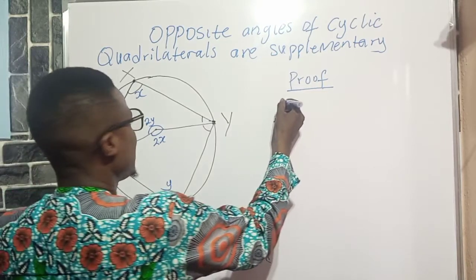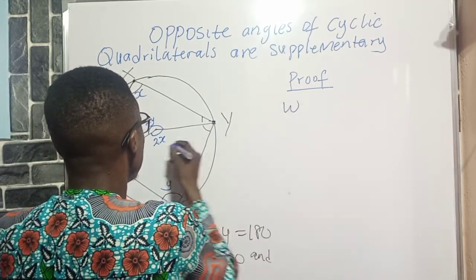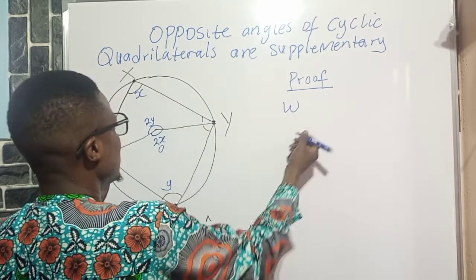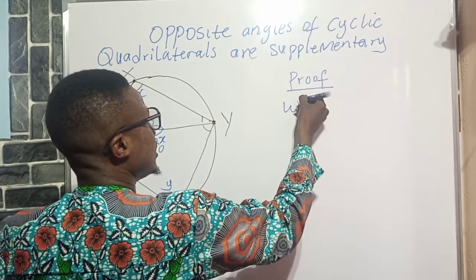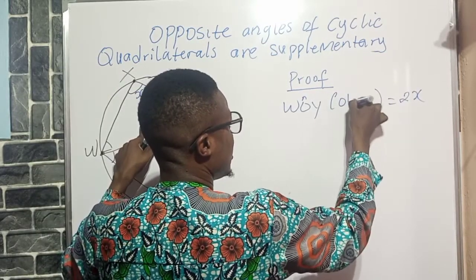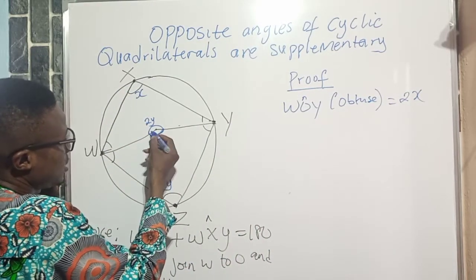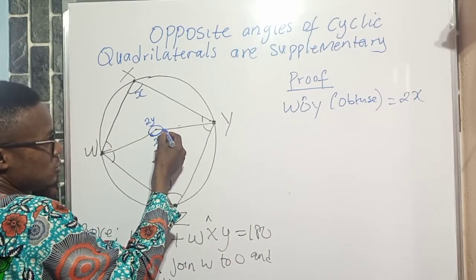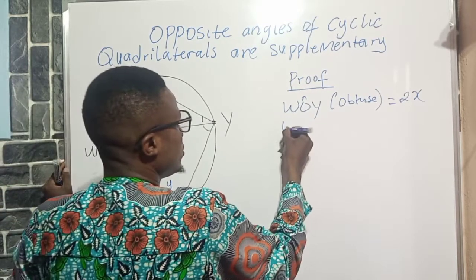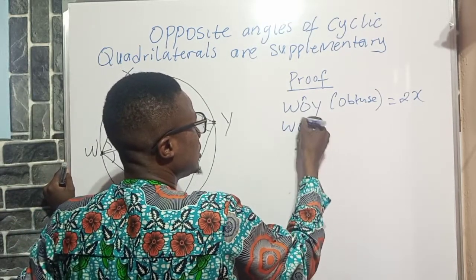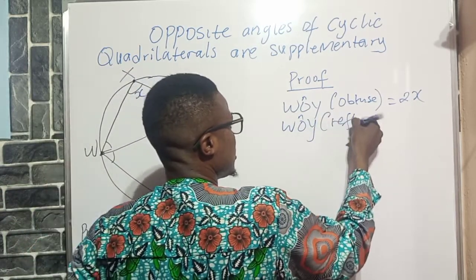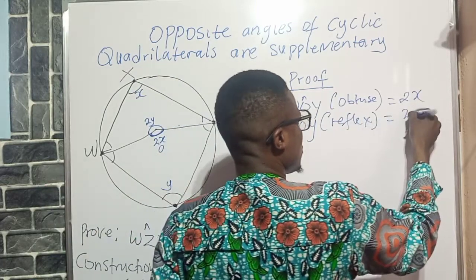So you can say that angle WOY, where O is the center of the circle, because it is smaller, this angle started from here and ran up to this place. So angle WOY reflex will give us 2y.